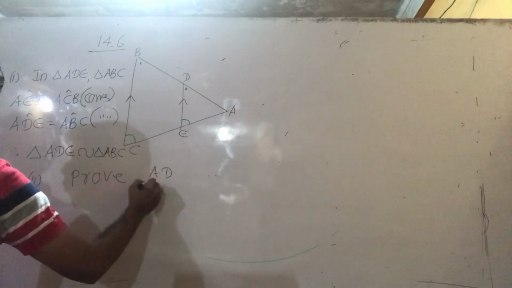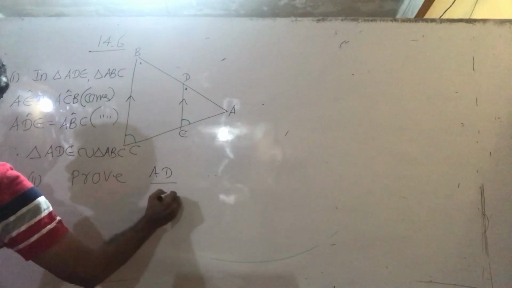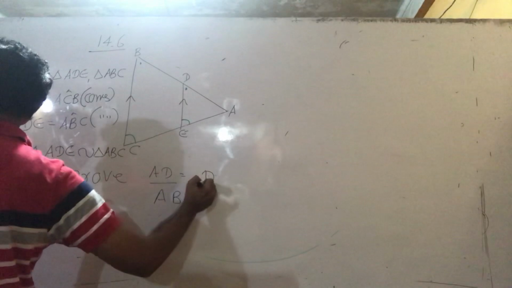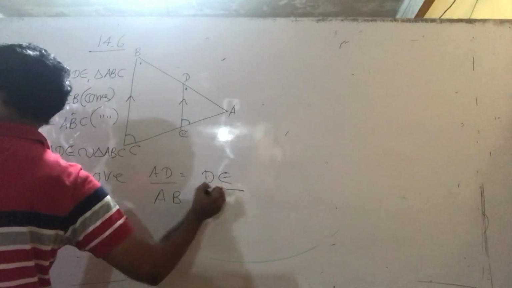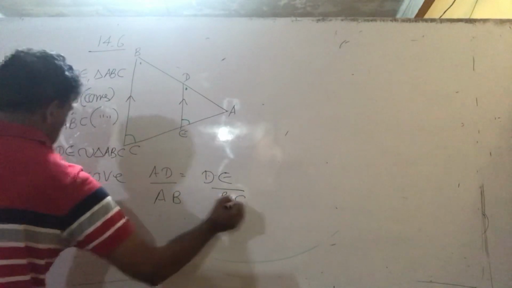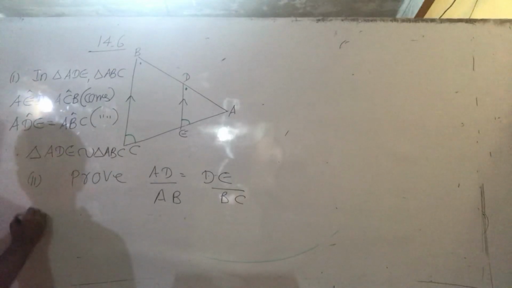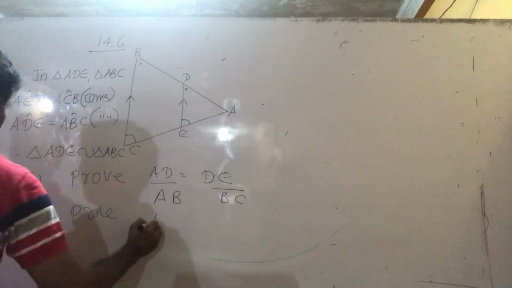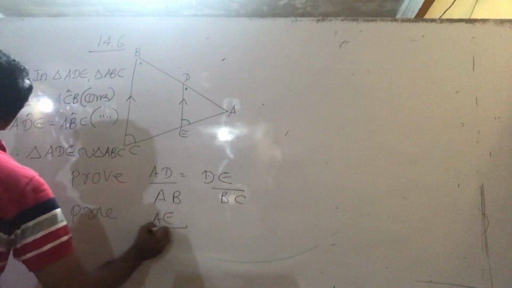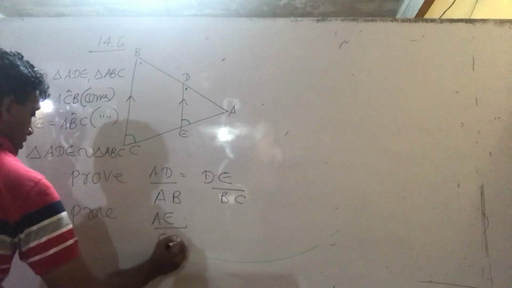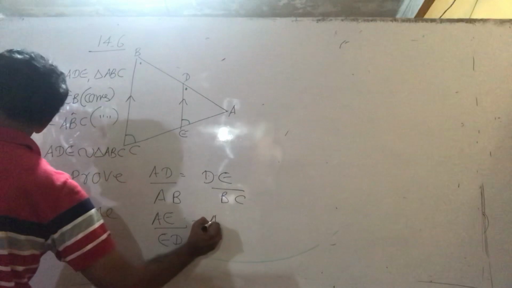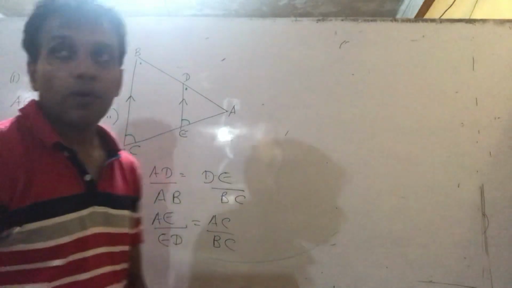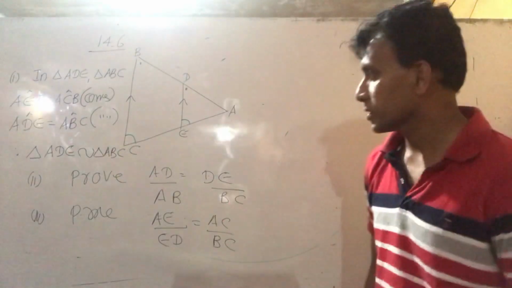AD over AB equal DE over BC. Third part, prove that AE over AC equal DE over BC. Okay, now I show how to get that answer.